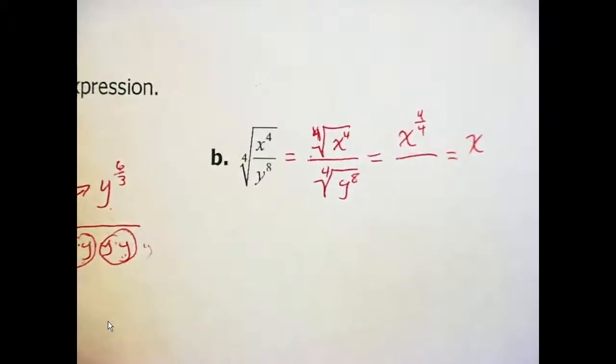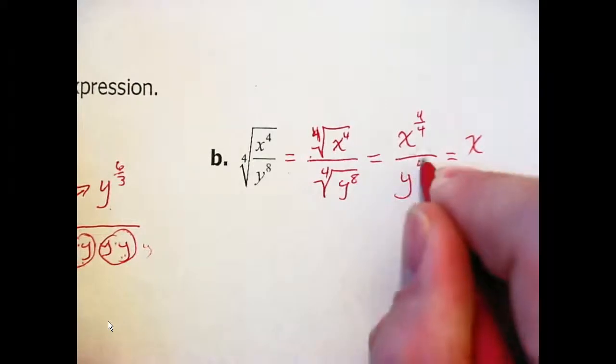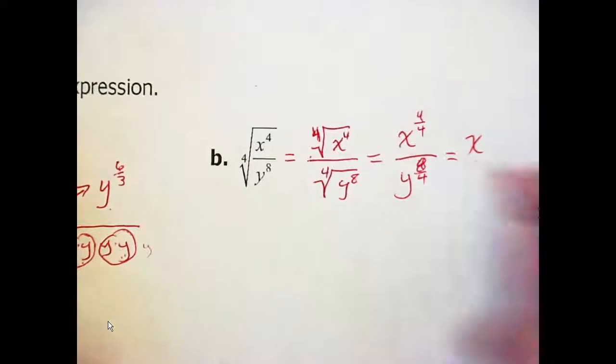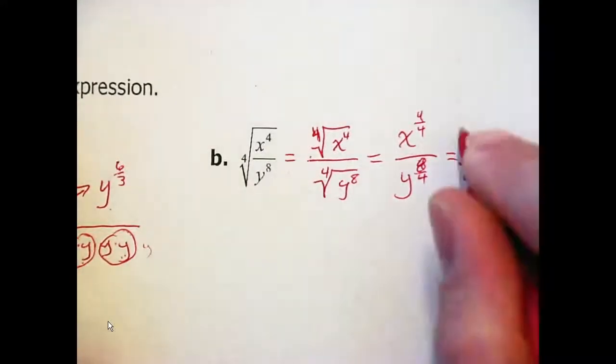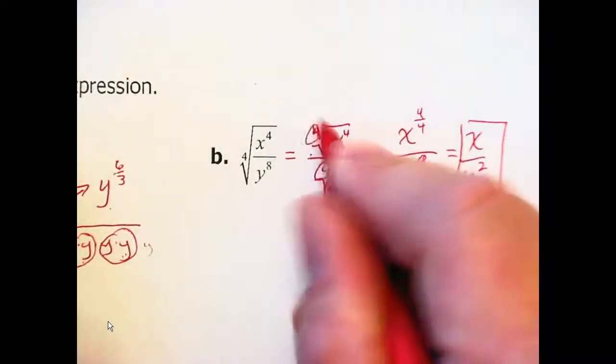Okay, and this one right here is y to the 8 over 4, which is y squared. Okay? Just remember that this number is your denominator and the inside is your numerator.